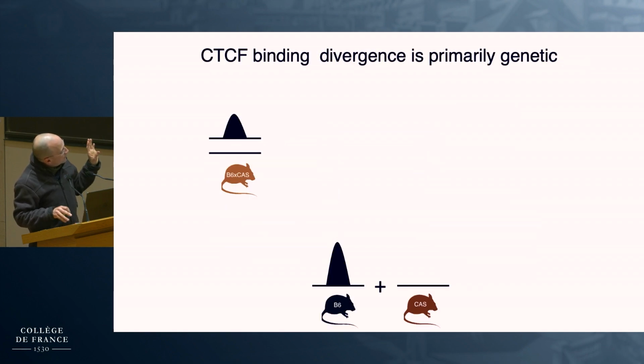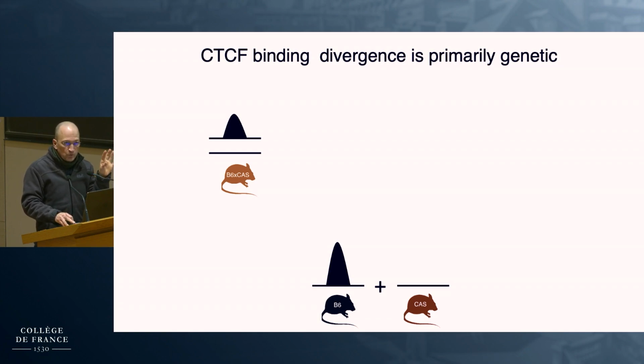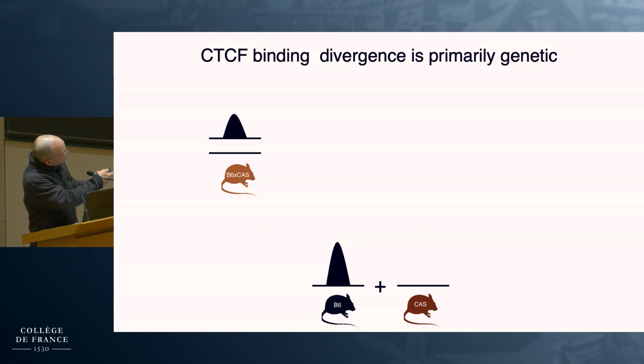What I'm going to show is a demonstration that CTCF binding is not affected by trans mechanisms. So in the Black 6 Castaneus F1 mice, these two alleles, the Black 6 allele and the Castaneus allele, are in the same nucleus.